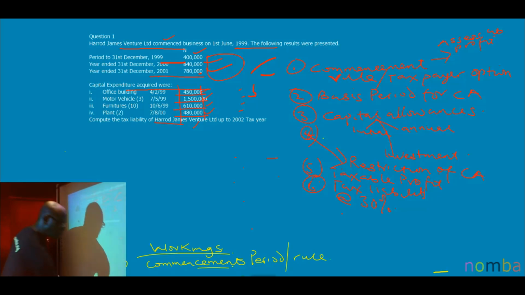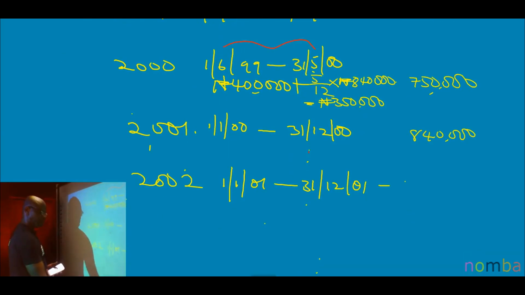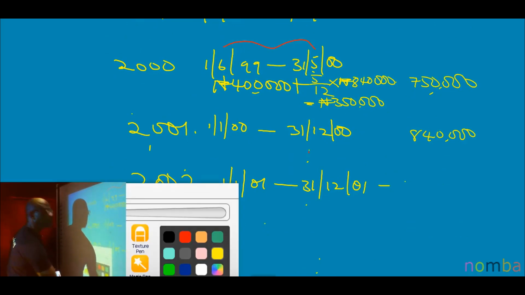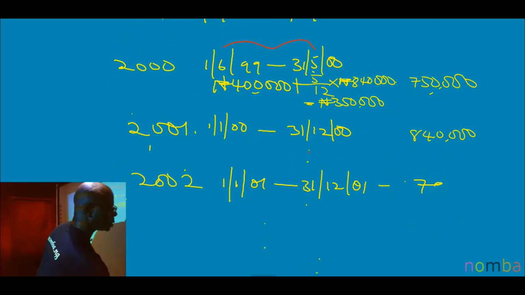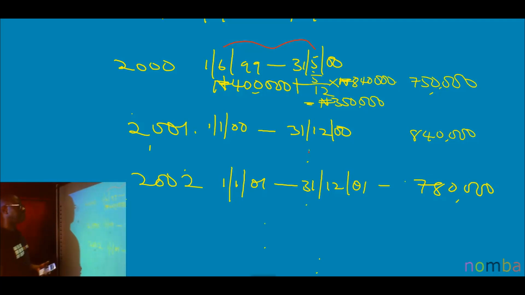So the figure here will be 780. All right. So this is it. You can see everything is being covered there. At this note, we come back to take our taxpayer's option.